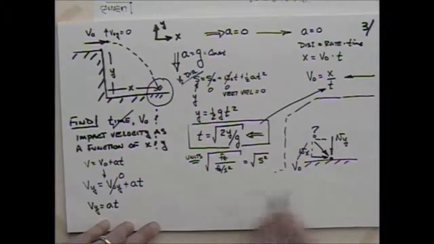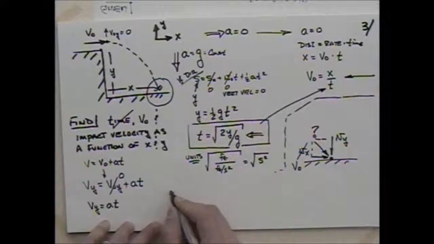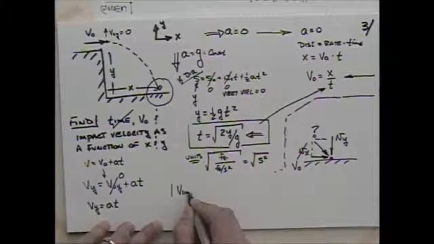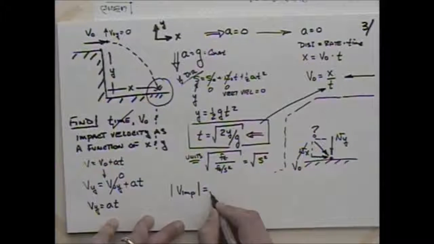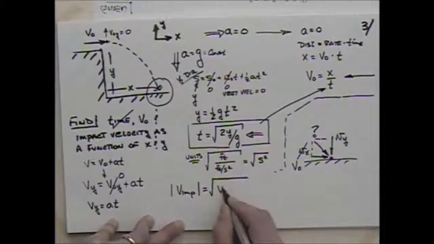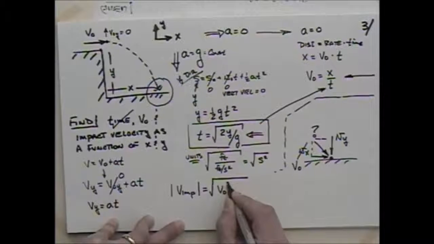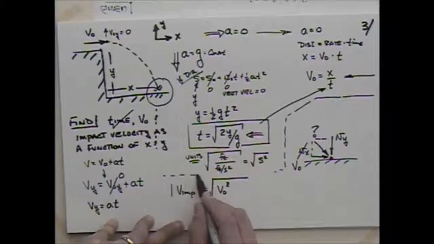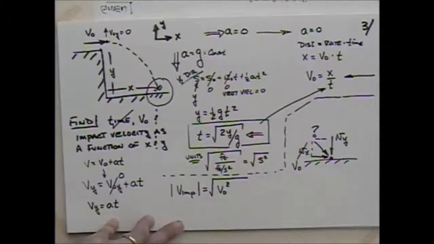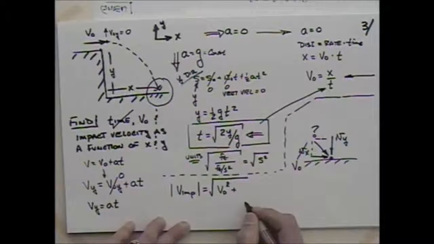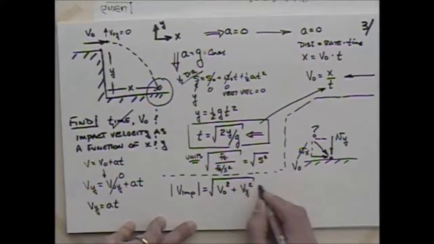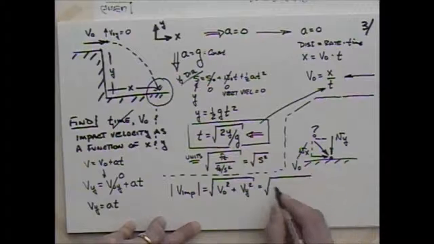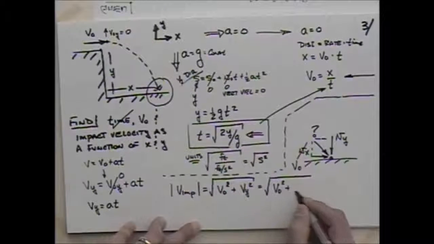So when I put these in and resolve these, I can say that the magnitude of the impact velocity is going to be equal to the square root of V naught squared plus Vy squared. And what did we make our substitution there? This was V naught squared plus, what did we say Vy was? AT.